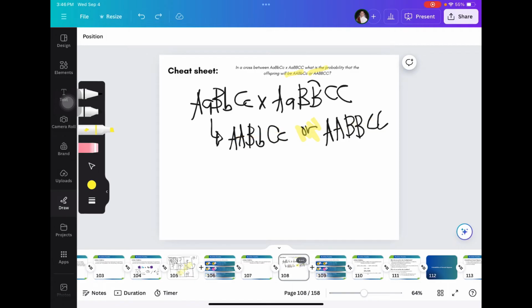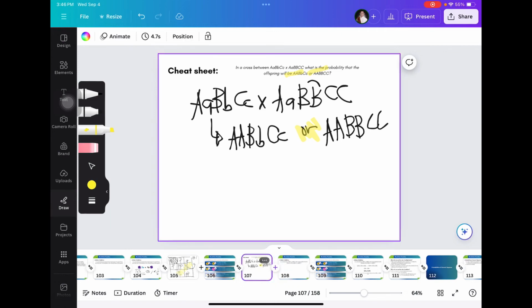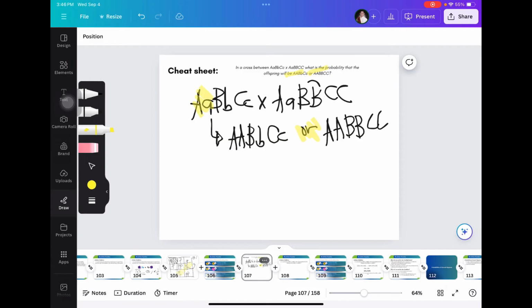But anyways, going back, let's calculate the probability of these mutually exclusive events using our cheat sheets once again. So let me just transfer this one so I could access my cheat sheets easier. Just like the rule of multiplication, we're going to calculate this trait by trait. So starting with letter A, and then cross that one with the other parent.